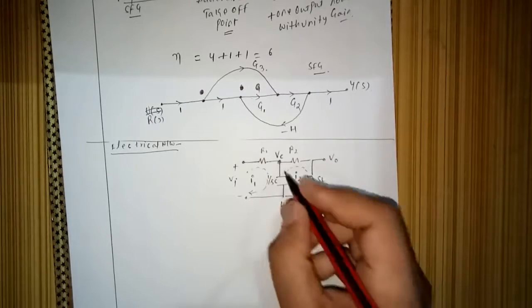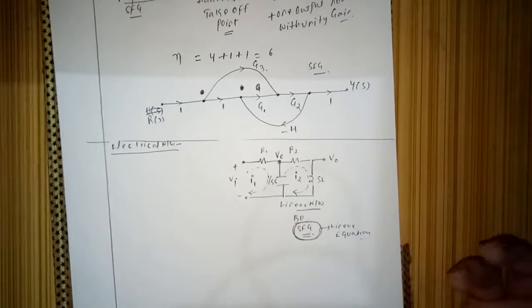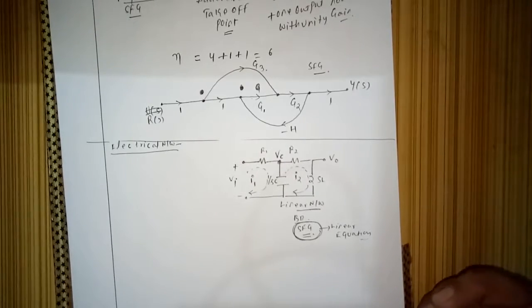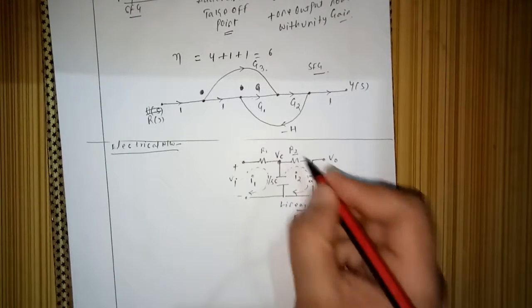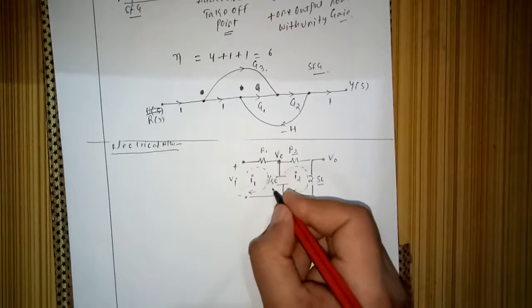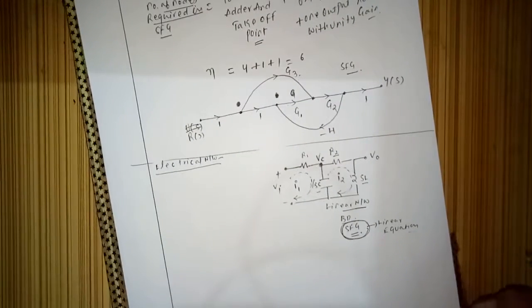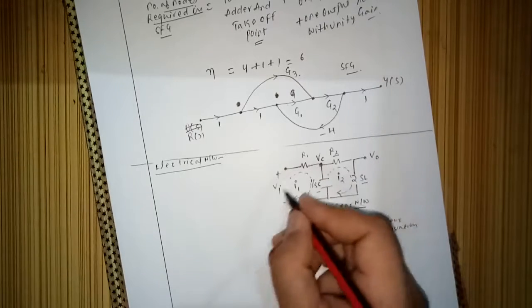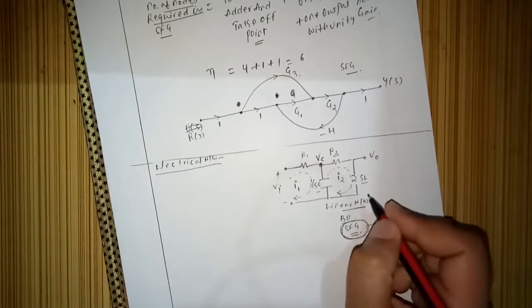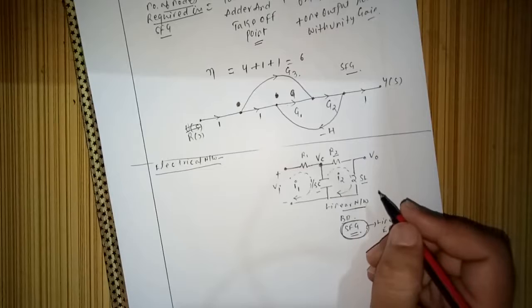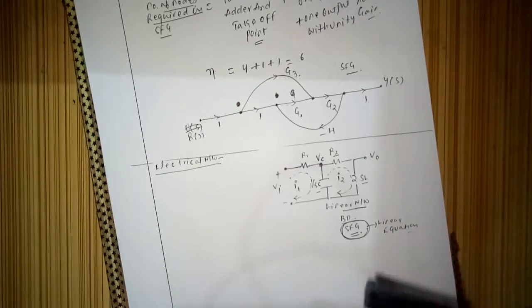So what we need is linear equations. I expect you have some knowledge from your network theory. These resistance, inductor and capacitor are linear elements, right? So if these are linear elements forming a linear network, it is very much possible to obtain linear equations.